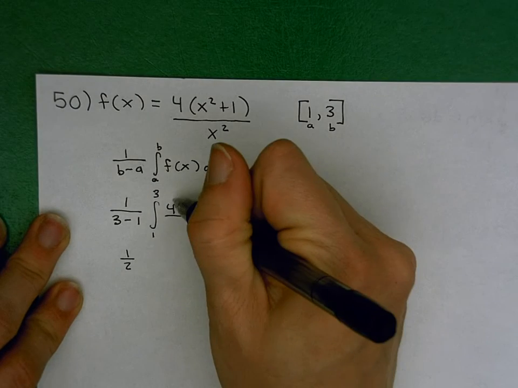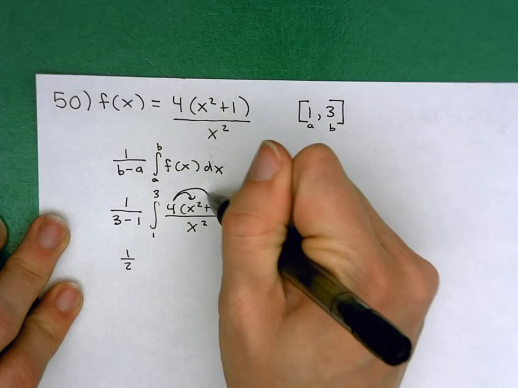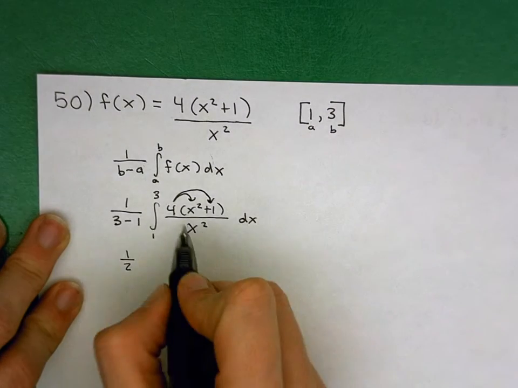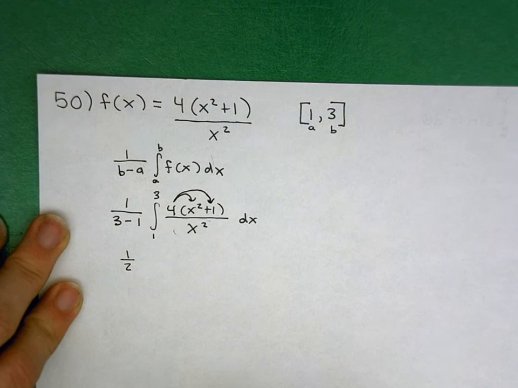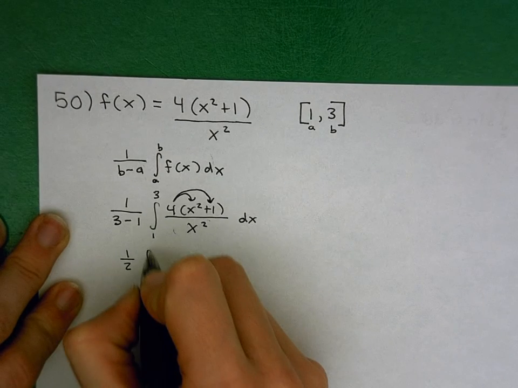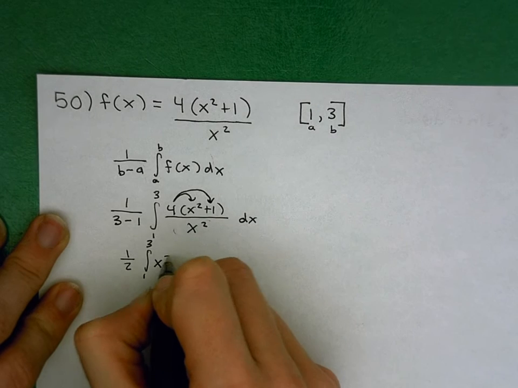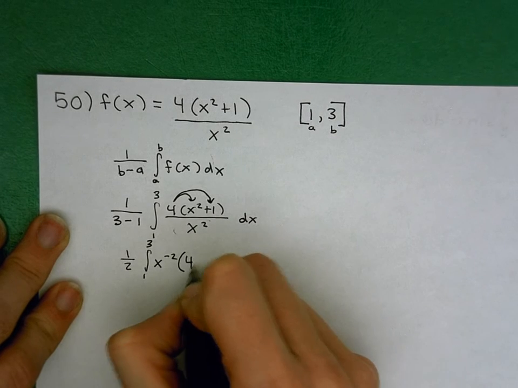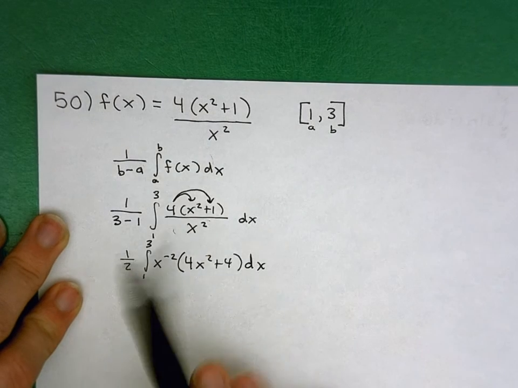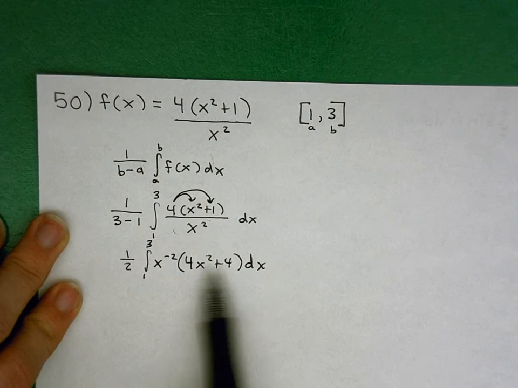Okay, so in order to be able to take the antiderivative, I do need to turn this into power rule, so I'm going to take a moment, I'm going to distribute that 4 in. I'm also going to rewrite this x squared in the bottom as x to the negative 2. Okay, so again, I distributed the 4 in, which gave me this 4x squared plus 4.